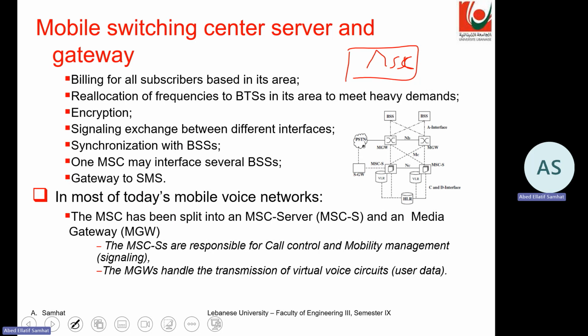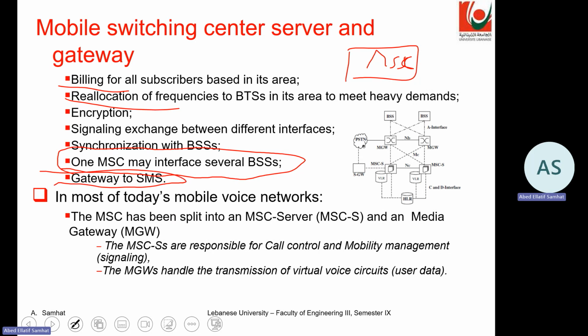So billing is an important operation done. Also, the reallocation of frequencies. You have encryption, and you also have signaling between the different interfaces. You could also have one mobile switching center interface with or control different base station subsystems, and it's also a gateway to the SMS server and so on.